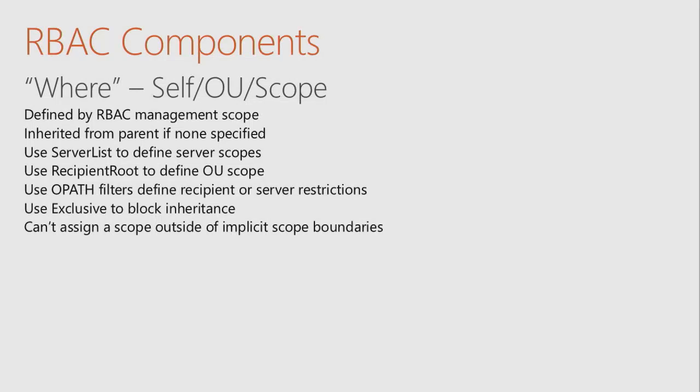When you create the scope, so we just jump on from the roles to scopes. What are scopes? Scopes allow you to define what you have access to, whether it's an OU, whether it's servers, whether it's a set of users based on their title or something else, some attribute. You're using that to define what they will have access to.